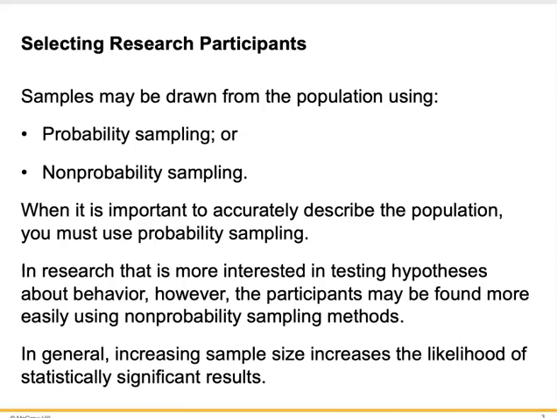So a lot of research, on the other hand, is more interested in testing hypotheses or behavior, really attempting to detect whether X causes Y rather than to describe the population. So here the study focuses on the relationship between the variables being studied and tests of prediction derived from theories of behavior. So in those cases, the participants may be found in the easiest way possible using non-probability sampling methods such as convenience sampling.